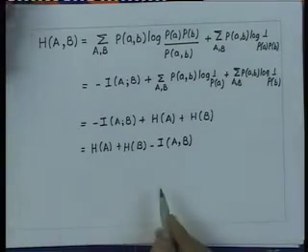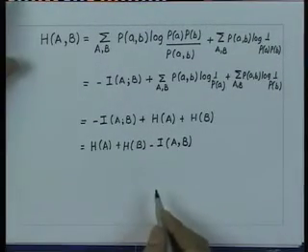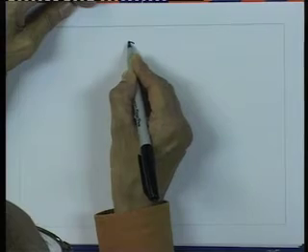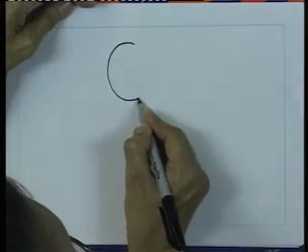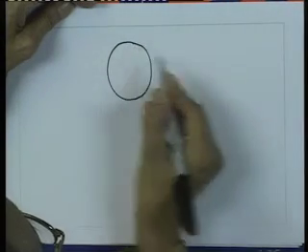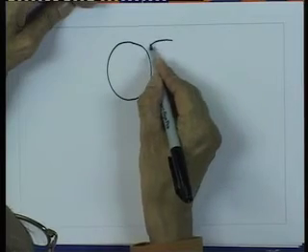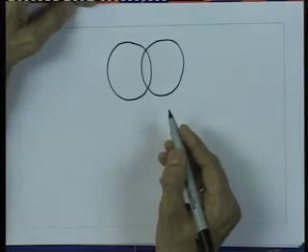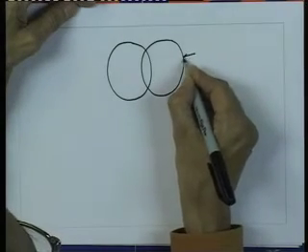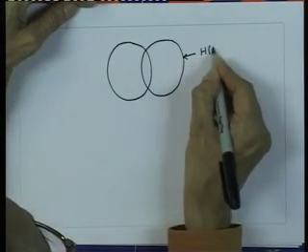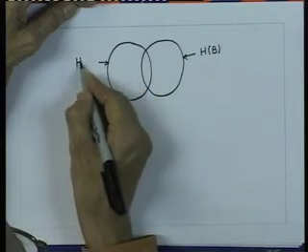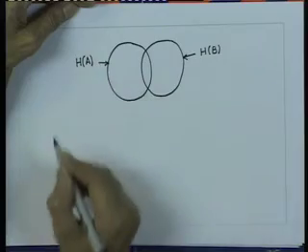So, this relationship can be easily depicted in the Venn diagram form as follows. This circle corresponds to entropy of the output alphabet. This circle corresponds to the entropy of the input alphabet.